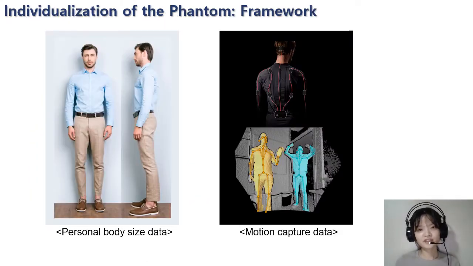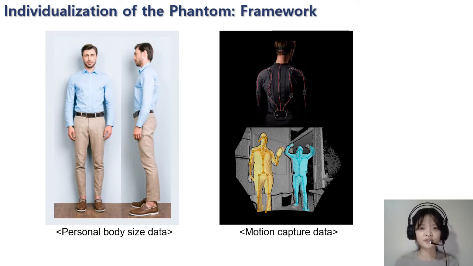The phantom individualization can be done by adjusting a template or model phantom to personal body sizes and the actual motion data that can be obtained from various motion capture devices such as inertial sensors or depth cameras.